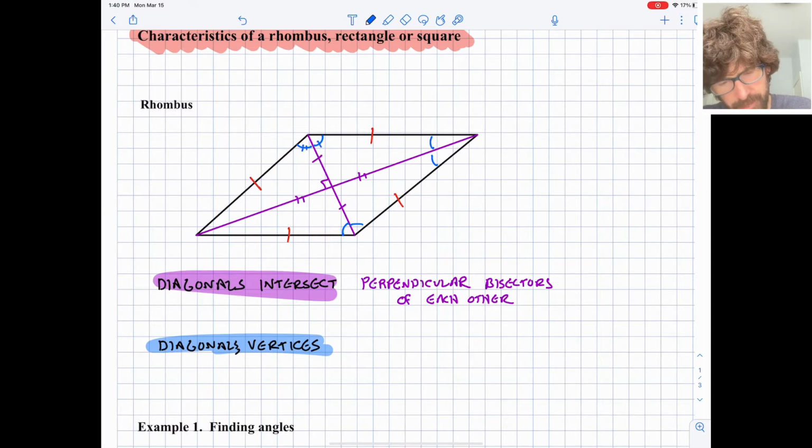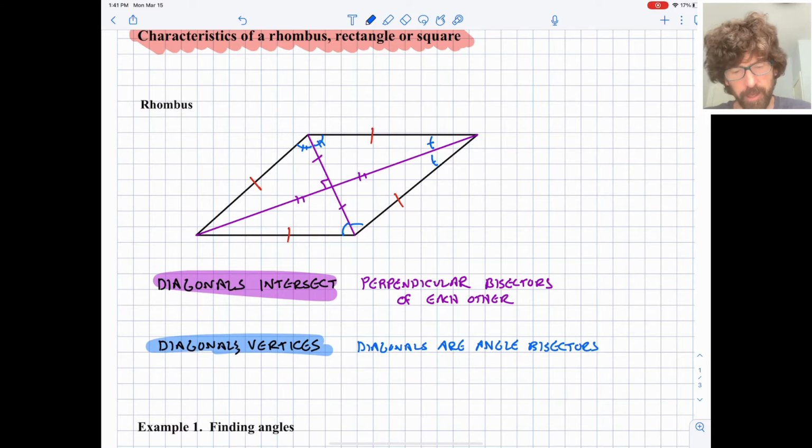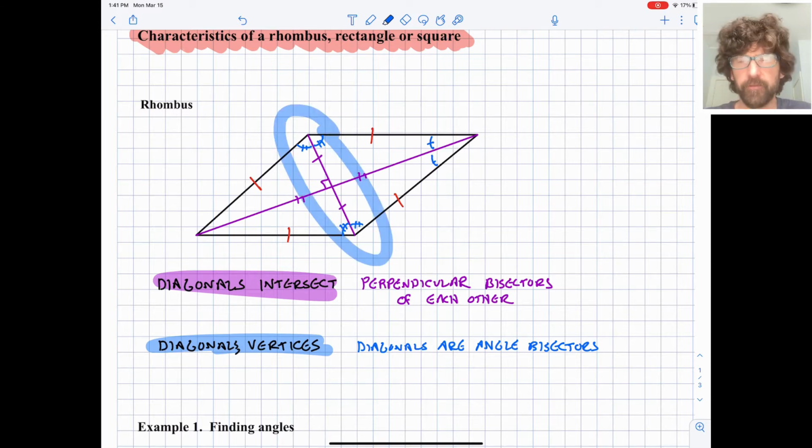So the diagonals are angle bisectors. And we also know that because this is a parallelogram as well, we know that the opposite angles are congruent. So just in this region right here, we've created 4 congruent angles. So that could be useful for sure.